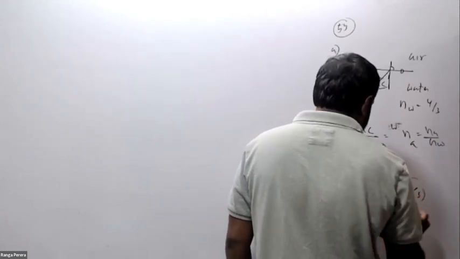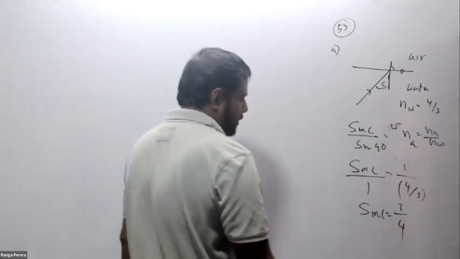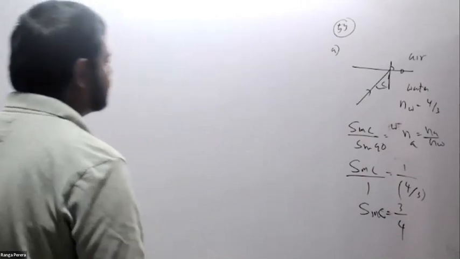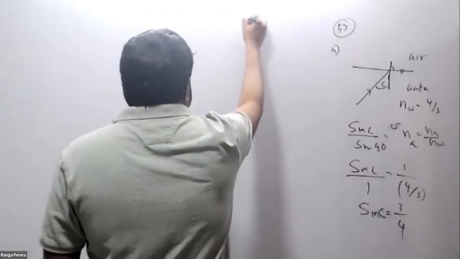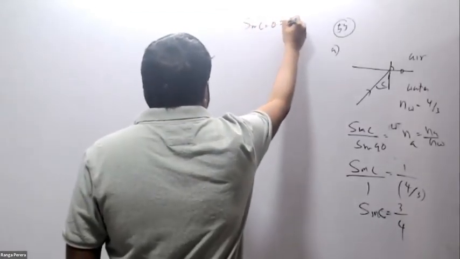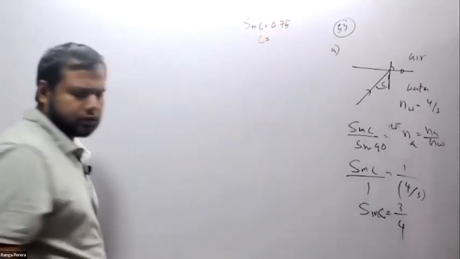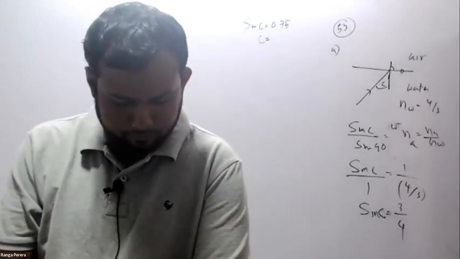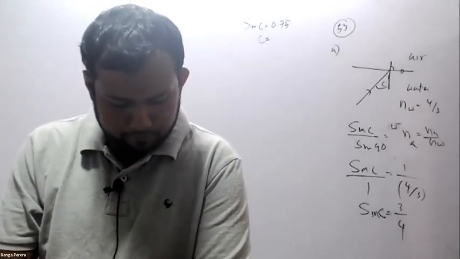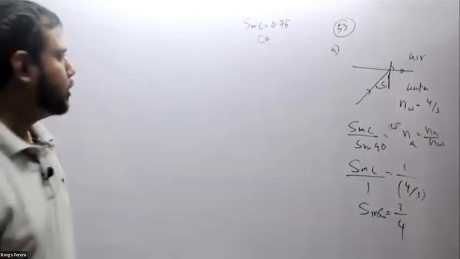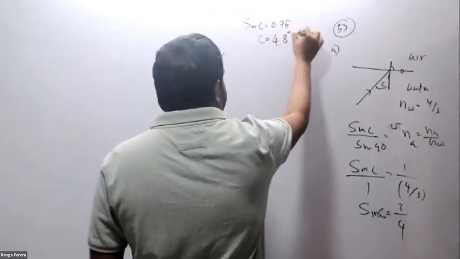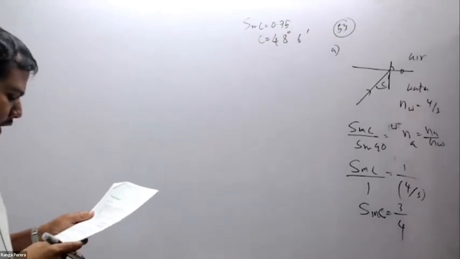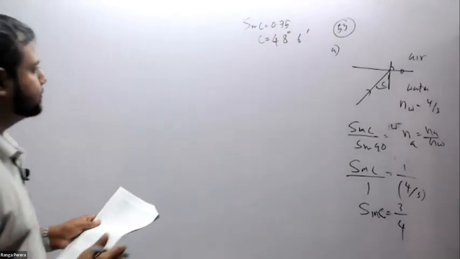So sin C equals 3/4. Then sin C equals 0.75. C equals how much? Has anyone calculated that? What's the value of C? 48 degrees 6 minutes. This is the answer. It's given in the answer also.